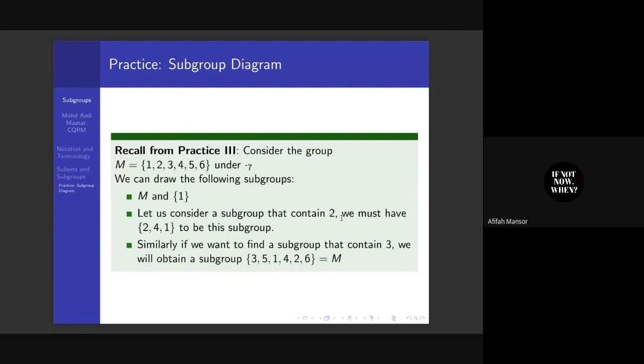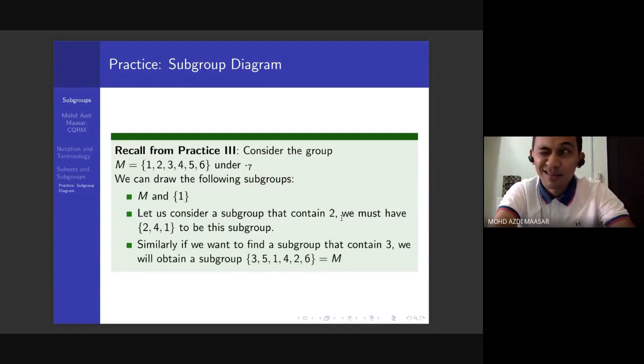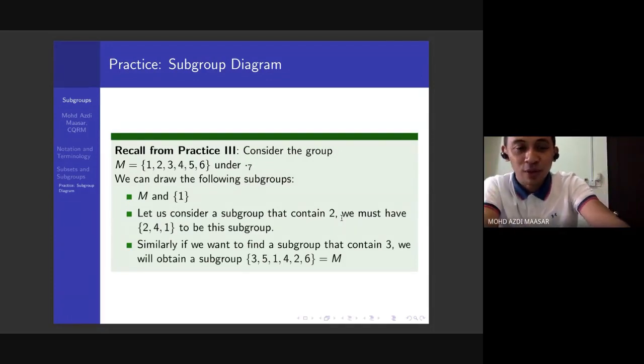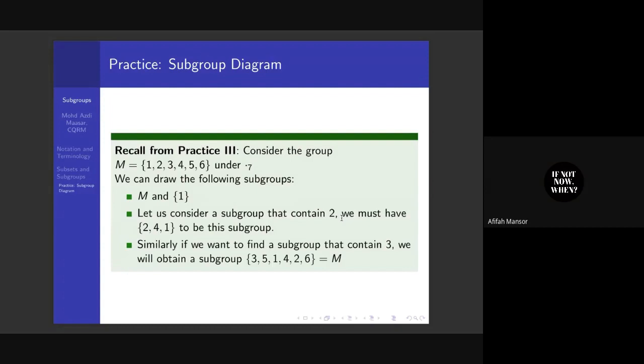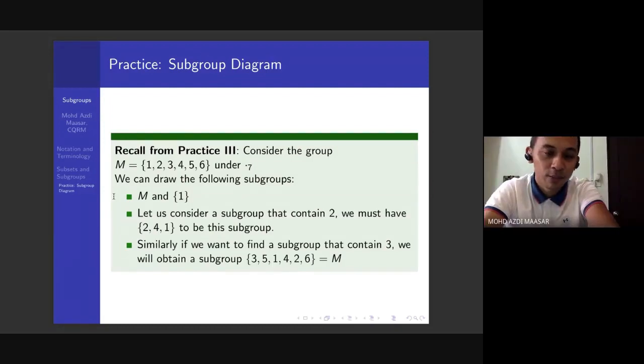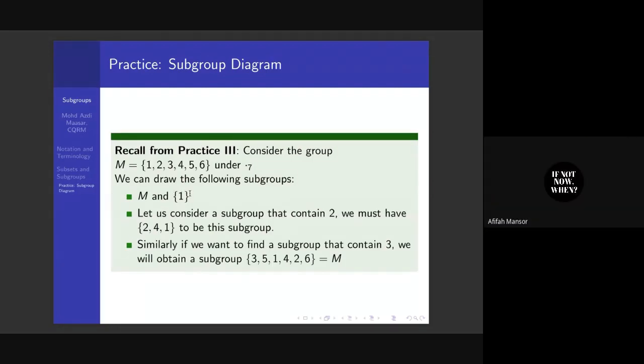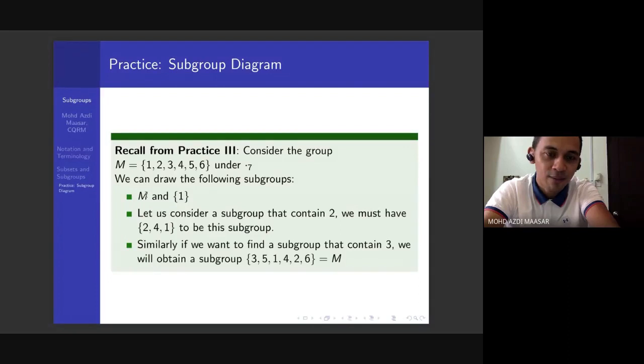So, untuk yang praktis 3 tu kan, maknanya proper subset dia one lah. Proper subset tu bukan maksudnya trivial subgroup ke? Trivial subgroup lah, yang kita jumpa mula-mula ni. Ini trivial subgroup. Ini yang improper subgroup ni.